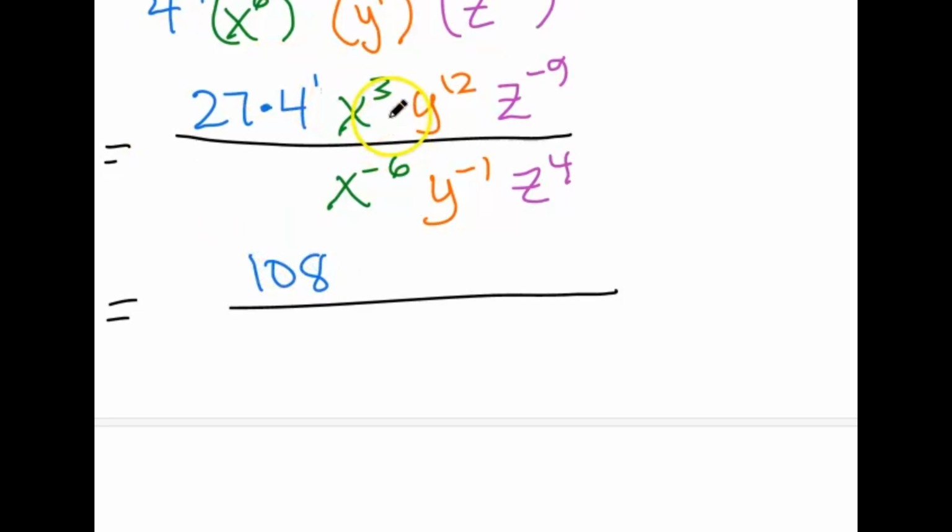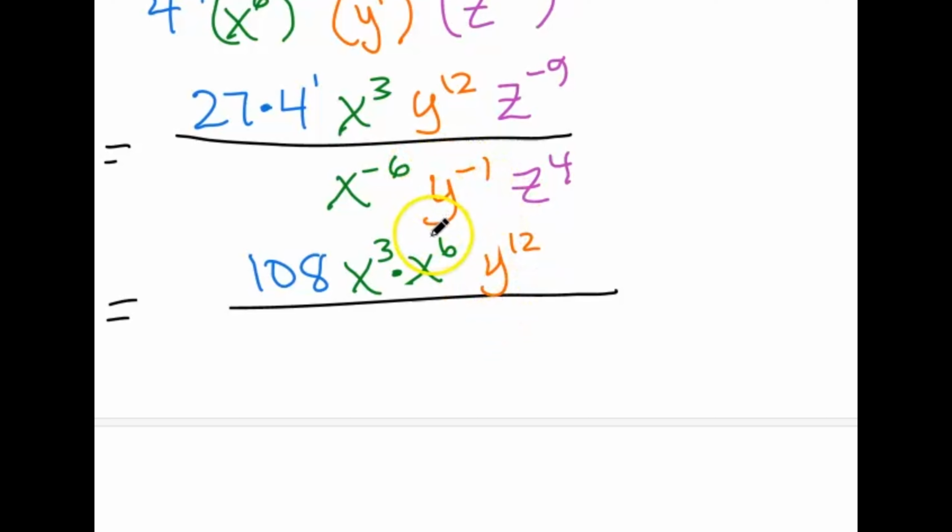Now our x's, we've got an x to the third on the top, so it's happy there. We're going to keep it there. But this x to the negative 6 was not happy downstairs. It wants to flip upstairs, which will make it positive. Now let's do the same thing with our y's. Y to the 12th, it's already positive, so keep it where it's at.